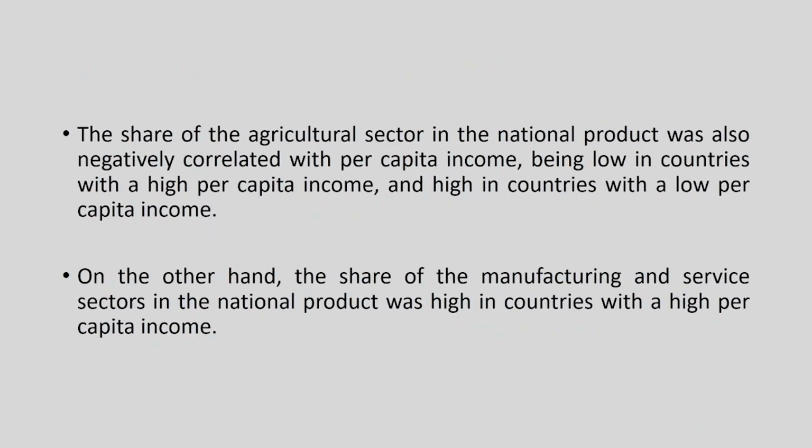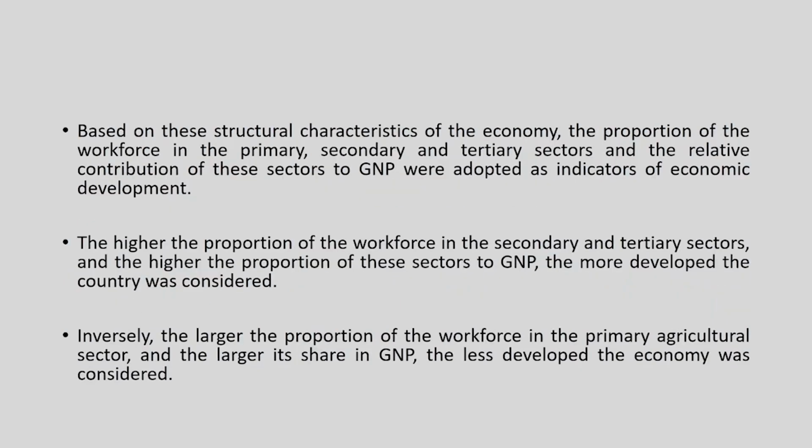The share of the agricultural sector in the national product was also negatively correlated with per capita income, being low in countries with a high per capita income and high in countries with a low per capita income. On the contrary, the share of the manufacturing and service sectors in the national product was high in countries with a high per capita income.